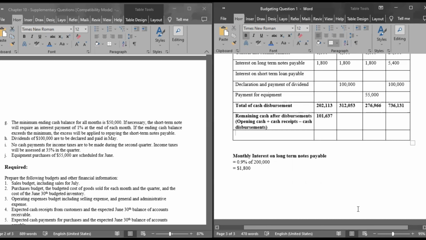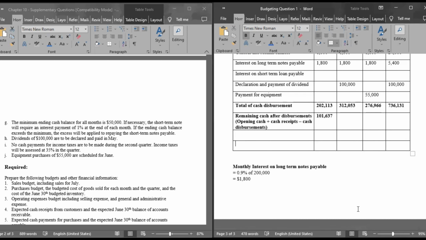Now, in point G, the instructor is saying the minimum ending cash balance for all months is 50,000. So now we will write it down as ending cash balance. We need to maintain a minimum 50,000 balance.